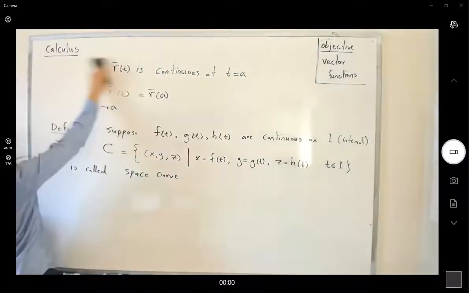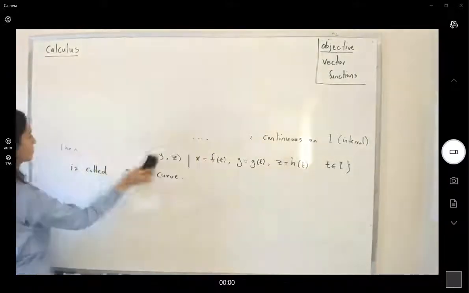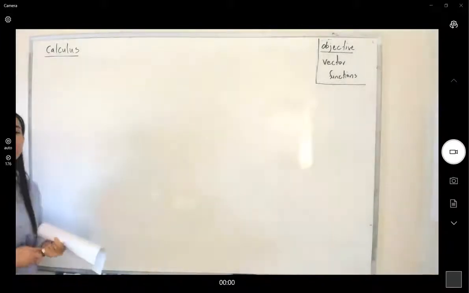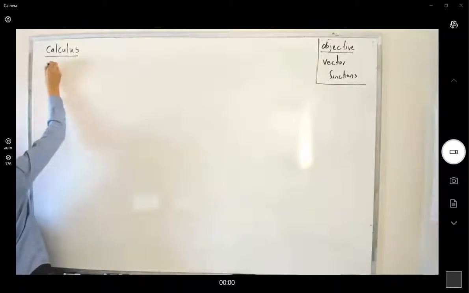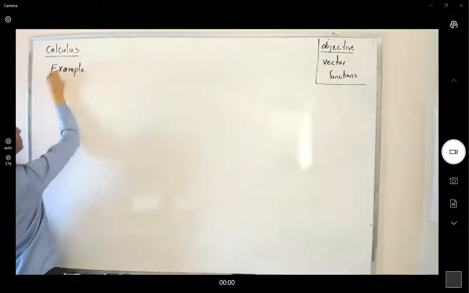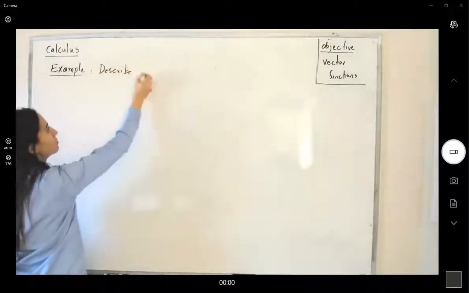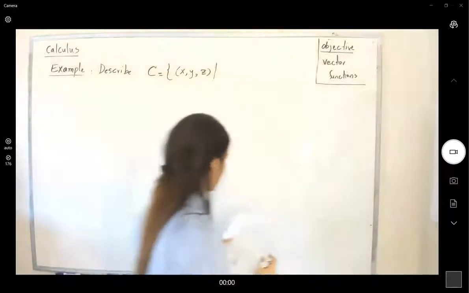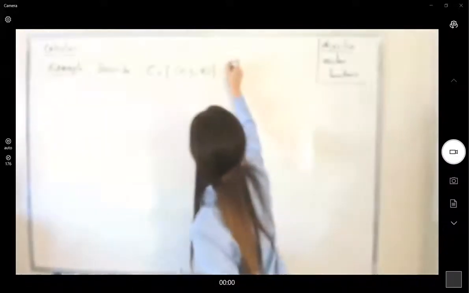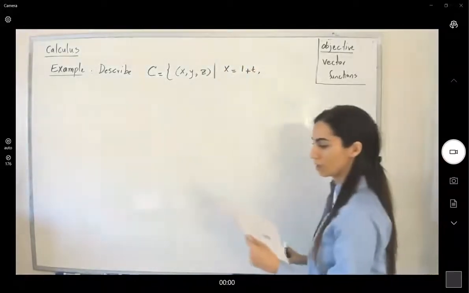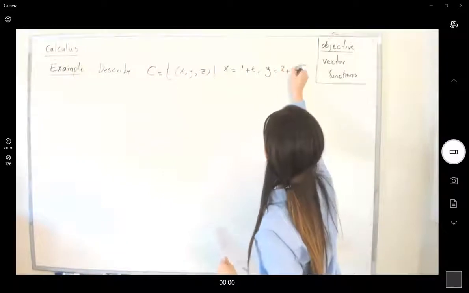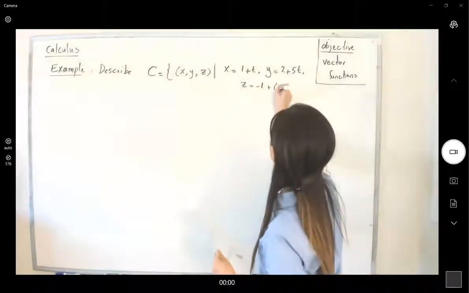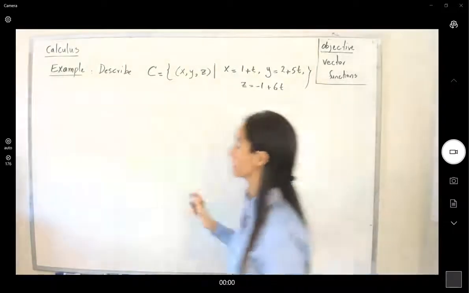Let's go over one example. This example says, describe this space curve C, which is equal to the set of points x, y, z such that x is 1 plus t, y is 2 plus 5t, and z equals negative 1 plus 6t, or equivalently, we can write it this way.